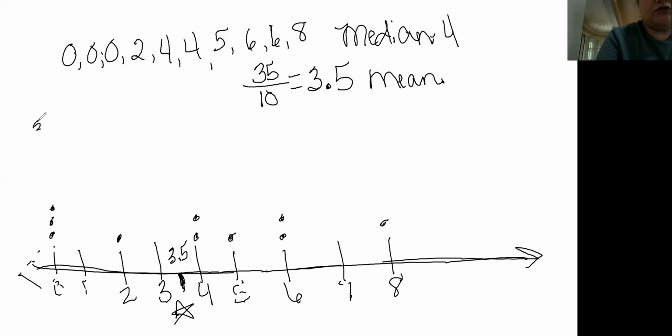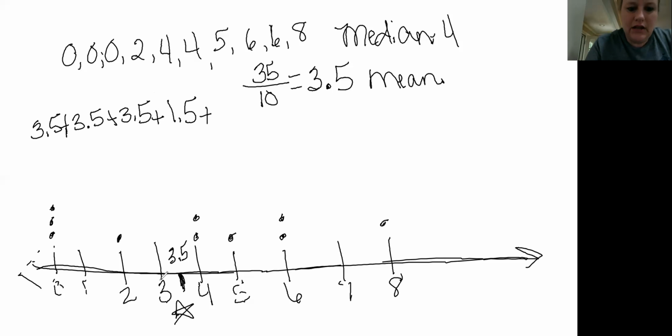So now we would write them as 3.5 plus 3.5 plus 3.5 plus this 2 is 1.5 away, so plus 1.5 plus 4 is half away, so plus 0.5 plus 0.5 plus a 5, which would be 1.5 away, 1.5 plus 6, which would be 2.5 away.